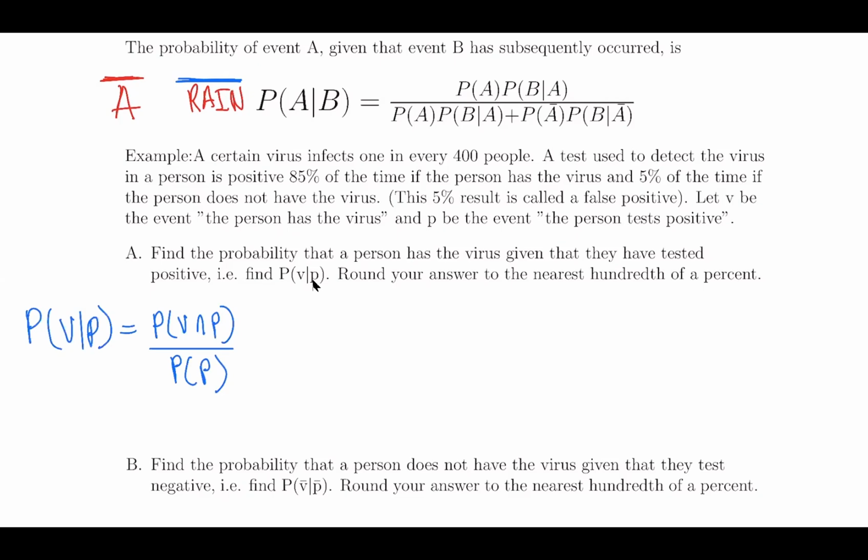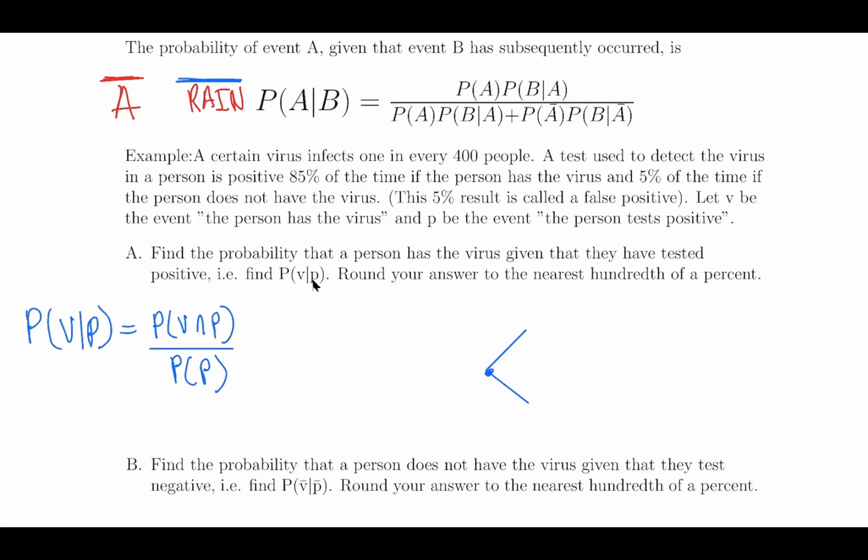All right. Up next, we're going to do our tree diagram somewhere over here. For the tree diagram, we start off by doing 2 branches. What comes first, the virus or you getting tested? Which one should I put first?